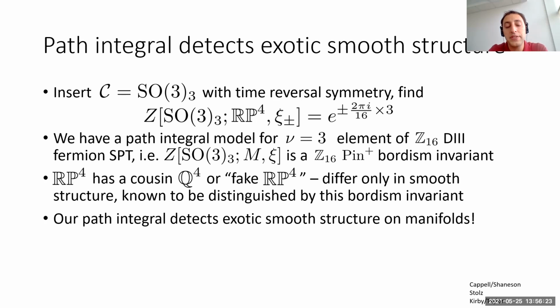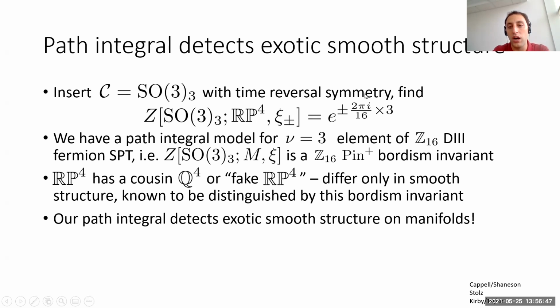Sorry. So the statement is that if we consider the path integral with a fixed supramodular category input and think of it as a function which outputs a number given a manifold, essentially, then this number will be different for RP4 and for Q4.